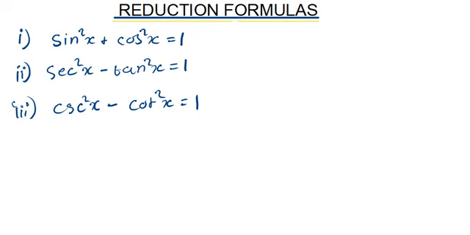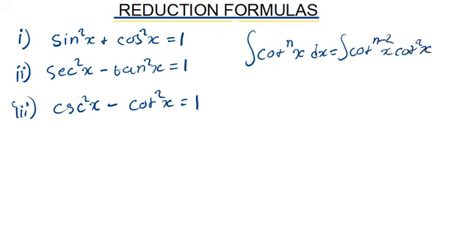So when you're coming up with the reduction formula for the integral of cotangent to the power n of x dx, we said we can rewrite this in the form integral of cotangent n minus 2 of x, then cotangent squared of x. At this point, we are replacing with cosecant squared of x minus 1, which is this identity that we used there.